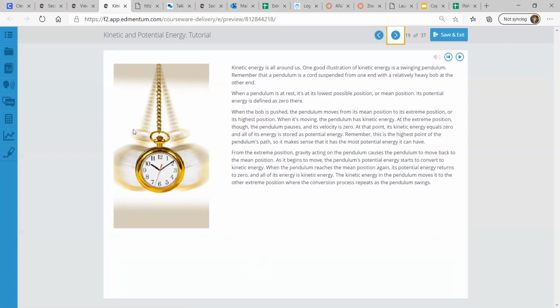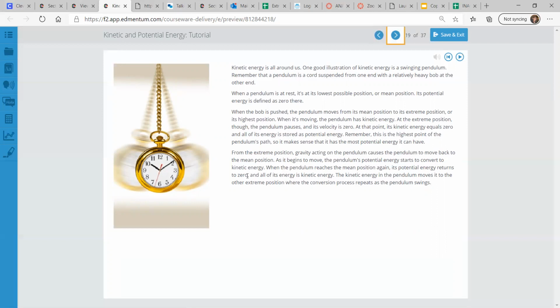When you push the object to one side or the other, the pendulum moves from its mean position to its highest position. When it moves, the pendulum has kinetic energy. But at that specific point where it hits the high point and starts to turn directions, the velocity is 0.